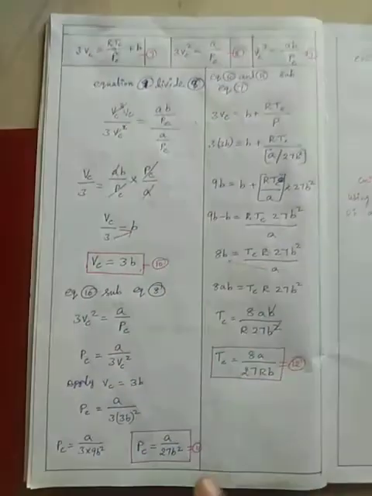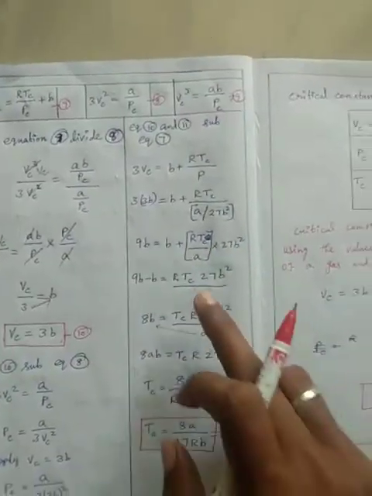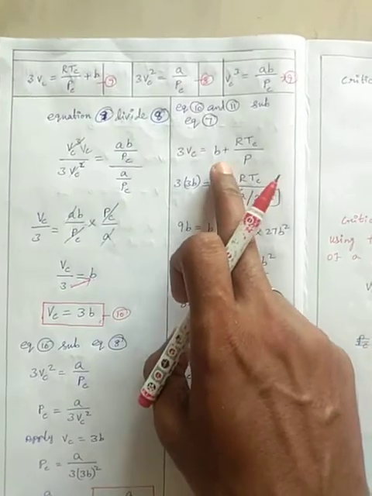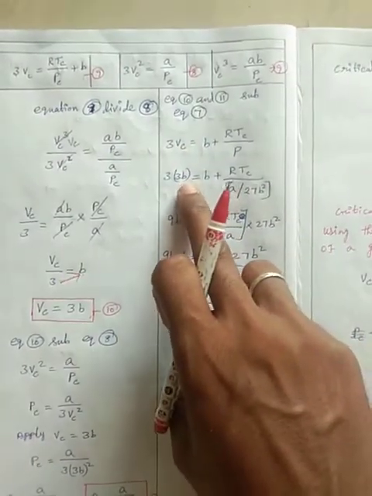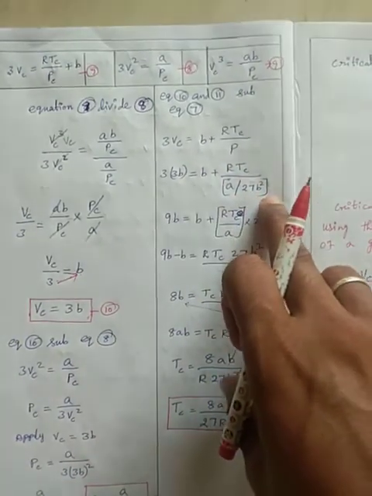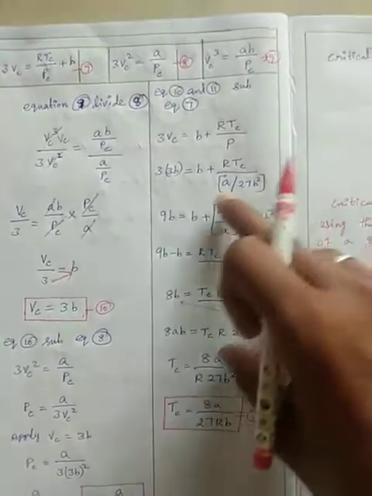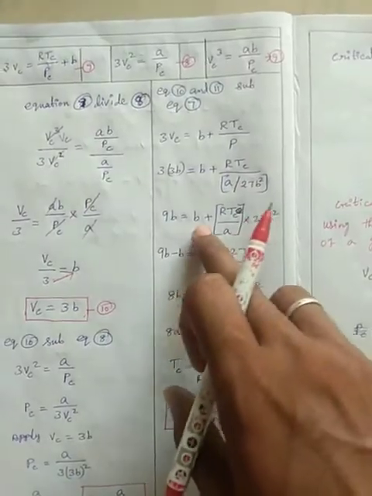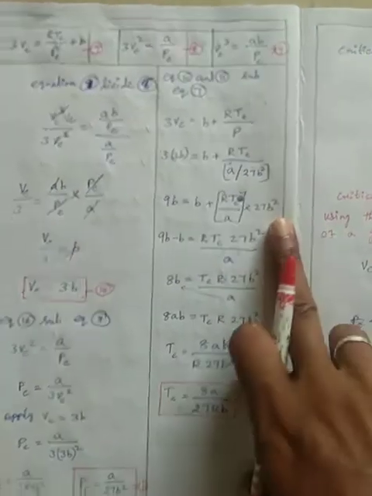Now equations 10 and 11 are applied in equation 7. Equation 7 means 3Vc equals b plus R Tc by Pc. Substituting Vc as 3b and Pc as a by 27b squared, 3 into 3b is 9b, and the division part is also multiplied. So 9b equals b plus R Tc divided by a into 27b squared.